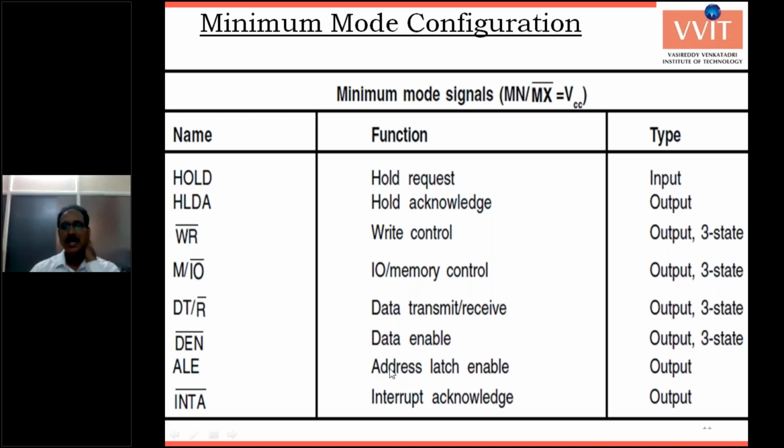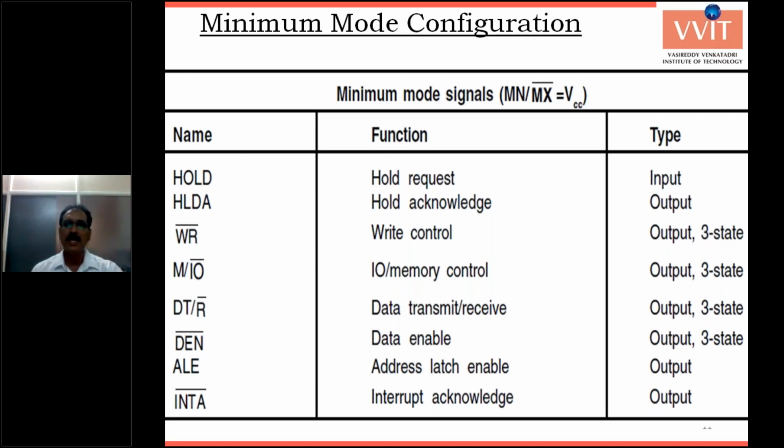The next is address latch enable, ALE. For AD0 to AD15, in any instruction process, 4 clock cycles are required. The first 1.5 clock cycles enable the memory address location. The remaining 3.5 clock cycles decode, execute and write back the result.